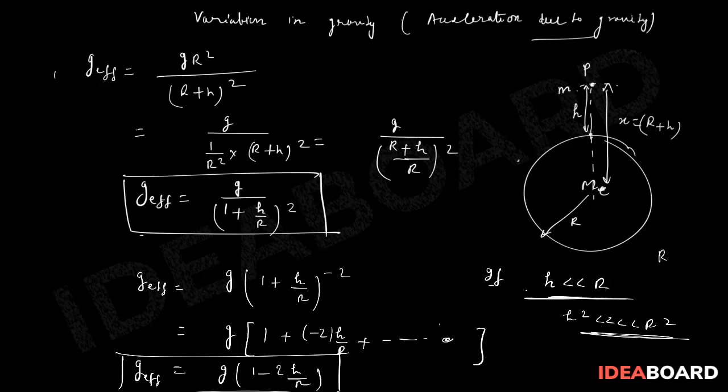Like we know that R is equal to 6400 kilometers. So suppose if h is equal to 1500 kilometers, then we can utilize this formula. Otherwise, for larger heights, we have to remember the earlier formula. So this is the change of gravity with height.